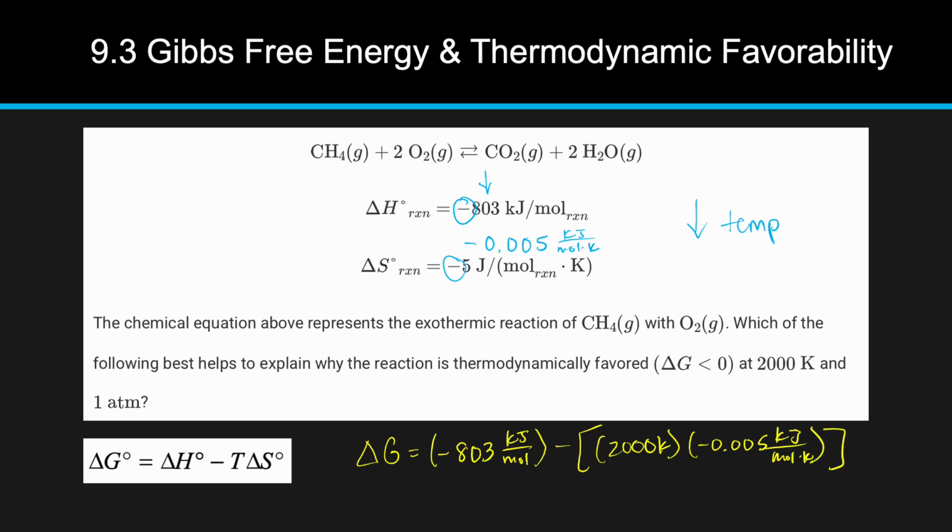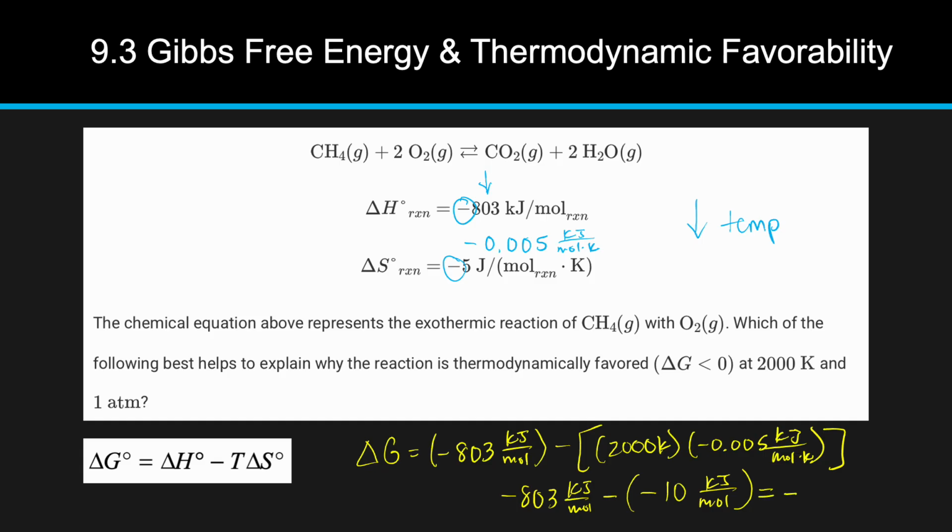So this value on the bottom here is going to give us negative 10 kilojoules per mole. And then we have our original negative 803 kilojoules per mole minus negative 10.